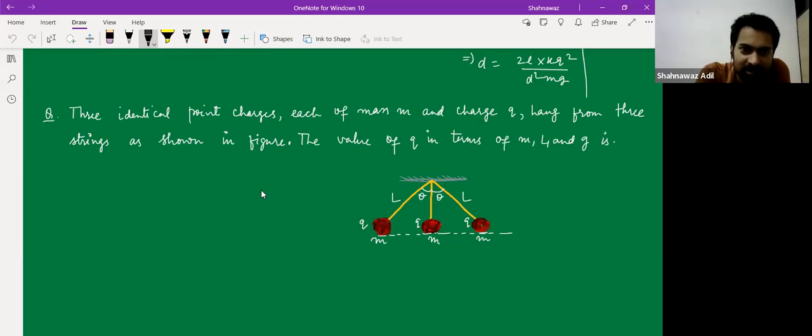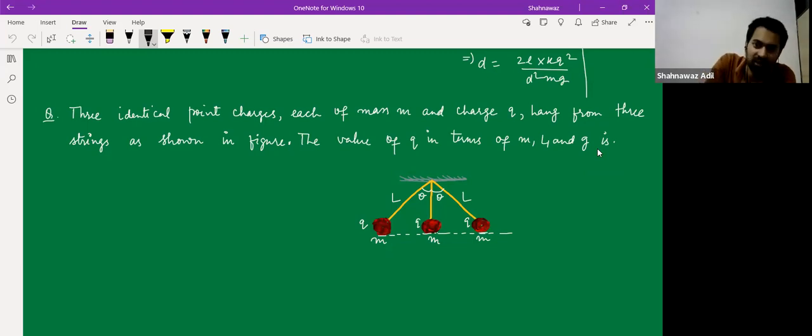Okay, so three charges, and they are hanged with some strings, and they are at equilibrium. And we have to calculate the magnitude of this q in terms of m, l, and g. So again, free body diagram.